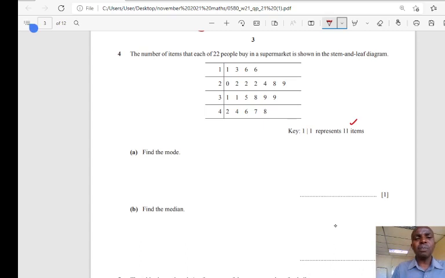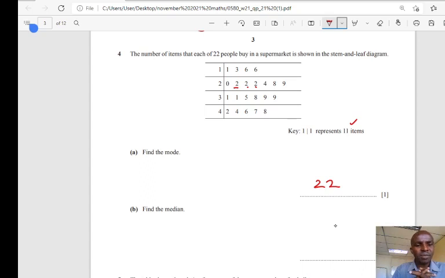So the number which appears the most, we have 16 appearing twice, 22 appearing 1, 2, 3 times. Then is there any other number appearing more than 22? No, there's no other number. So the mode is 22, appearing 3 times.